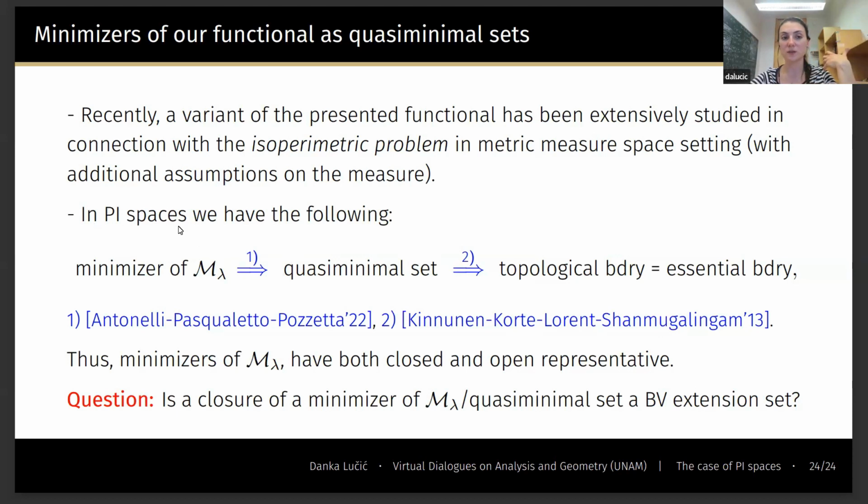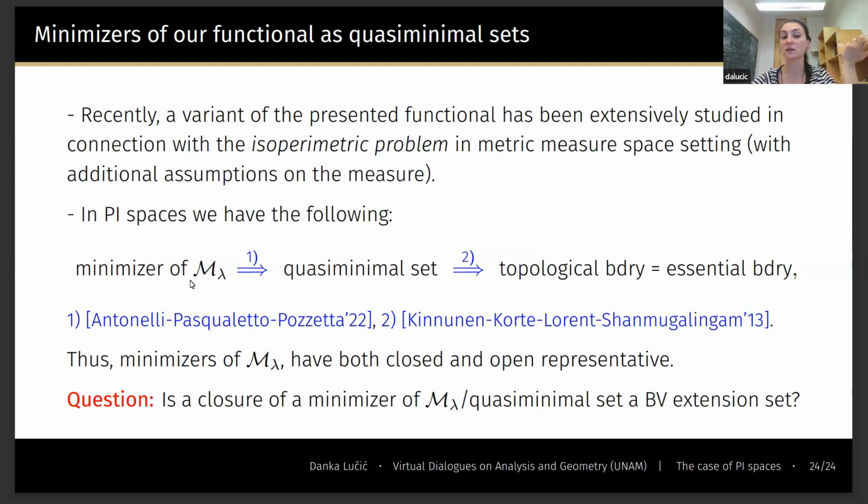So if we are in PI spaces and we take a minimizer of our functional, then we know that they are quasi-minimal, and the proof of this implication can be found in the recent paper by Antonelli, Pasqualetto, Pozzetta, for instance. And so we know that they have both open and closed representatives.